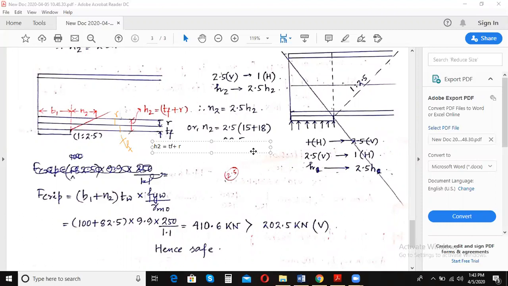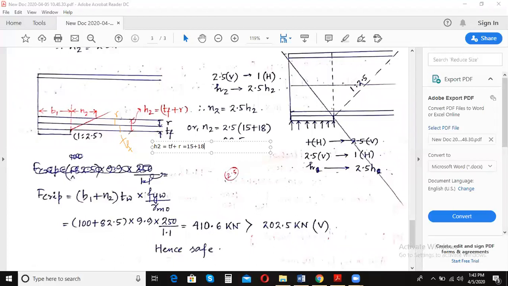It is 15 mm. Plus the root radius, which is 18 mm. You can find the value of root radius from the code with respect to this section. So this is my total height up to which the dispersion is taking place.